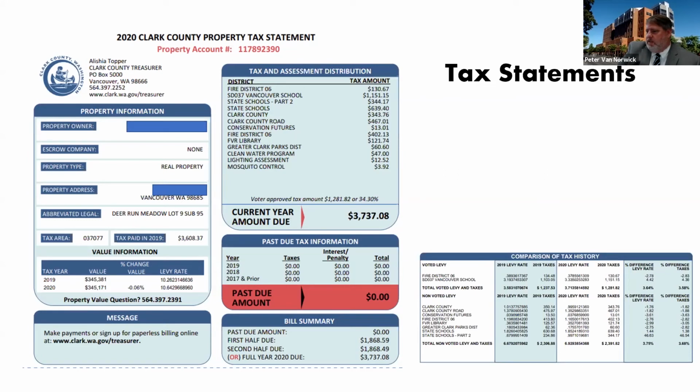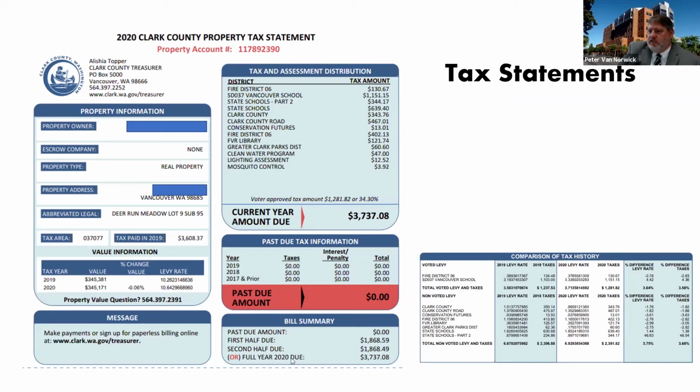Also, the other thing to point out here on the property tax statement, you'll see where it says voted levy and non-voted levy. This appears on every property tax bill.